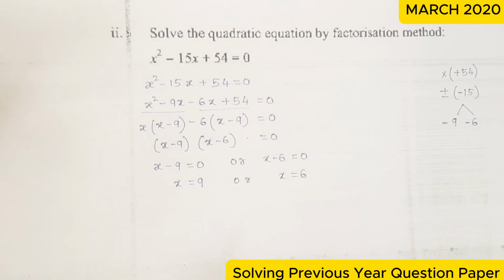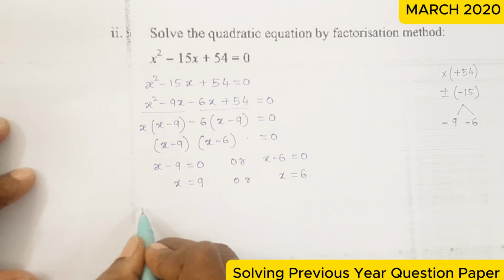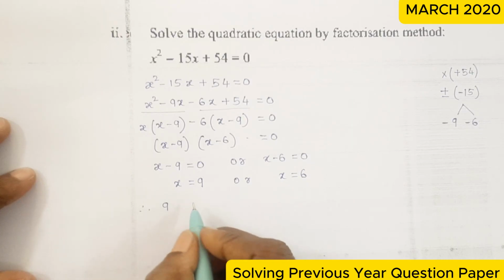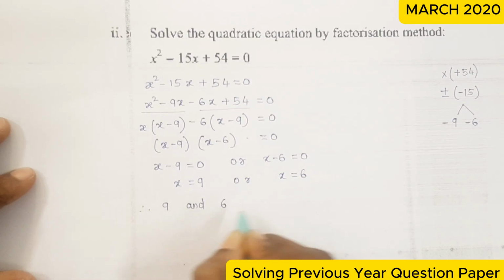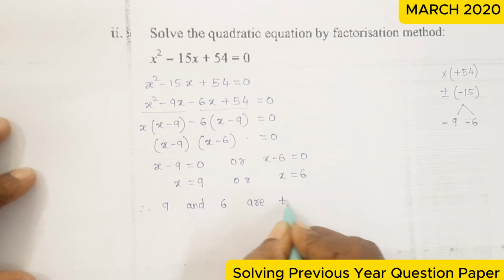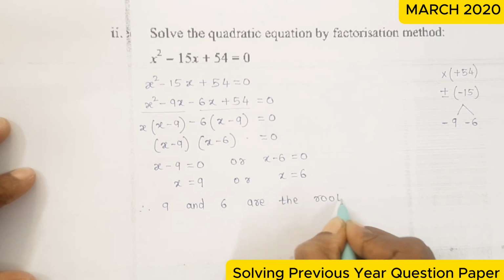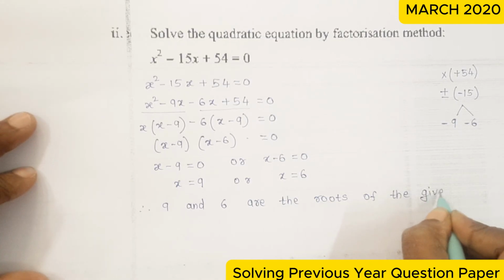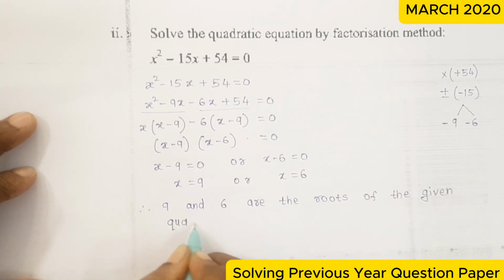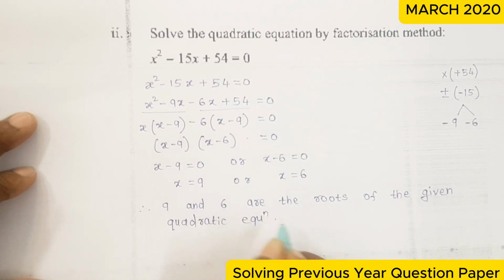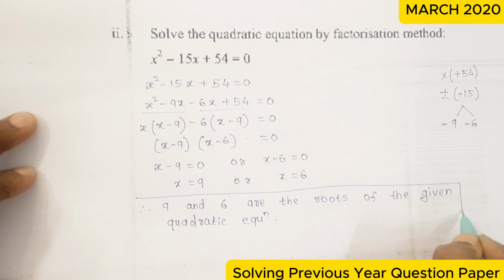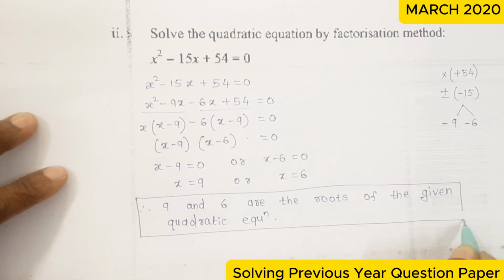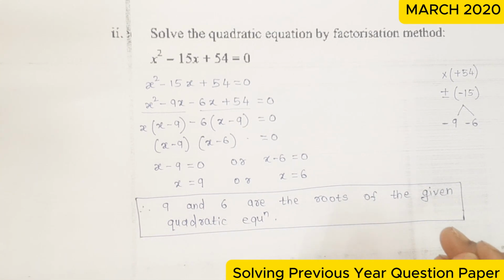Yes students, so here we say the final answer: therefore 9 and 6 are the roots of the given quadratic equation. Okay students, this is the final answer. Then next one students.